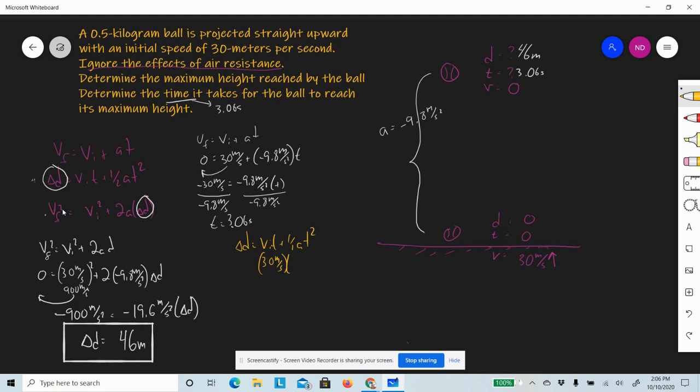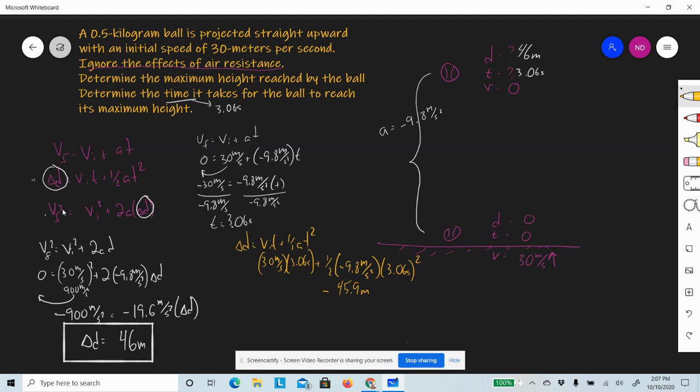Its time we figured out was 3.06 seconds, plus 1/2 times negative 9.8 meters per second squared times the time squared, 3.06 seconds squared. 3.06 squared, times 9.8, times 0.5, this is going to be minus 45.9 meters.